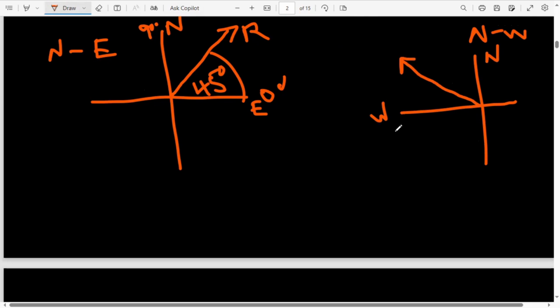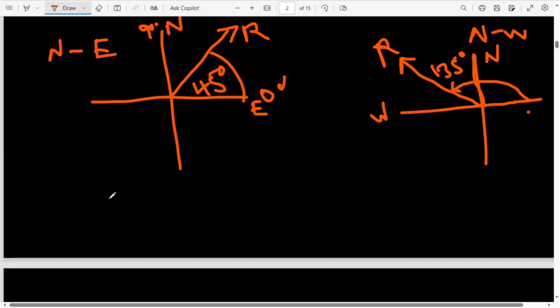Okay, so this vector here is the resultant vector. So what is the angle? Remember, the angle always starts from the what? Positive x-axis. So it will be this angle like that. Okay, so it will mean I have a 90 up to this point here, and then I'm adding a what? A 45 here. So what am I going to get? I'm just going to get the angle to be 135 degrees. Okay, so that is northwest.